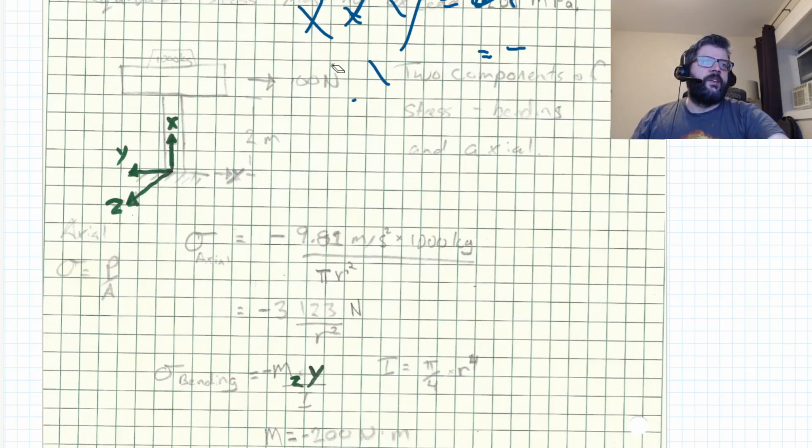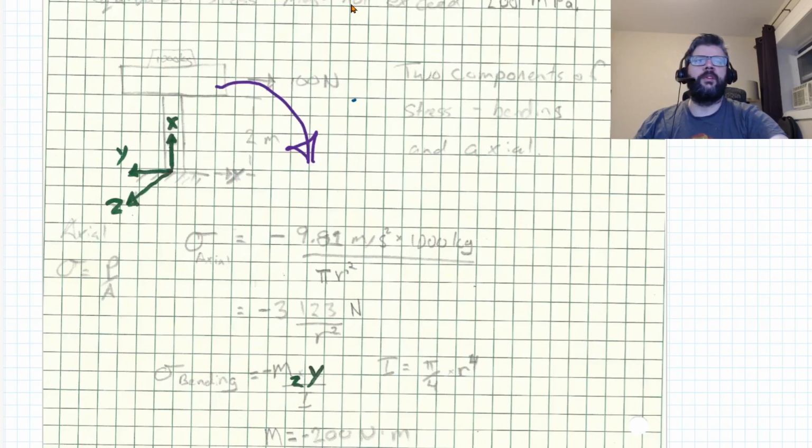Anyways, long story short, the moment that we have here about the z-axis is going to be a negative moment because it's a clockwise moment about the z-axis, whereas a counterclockwise moment is defined as positive.